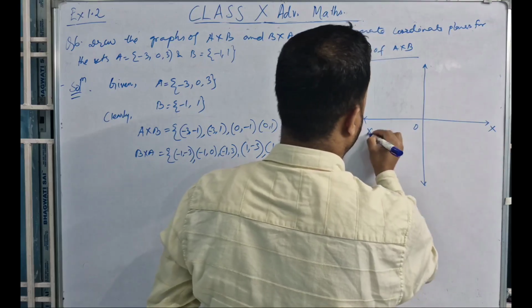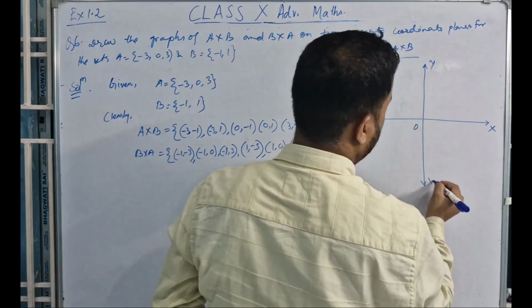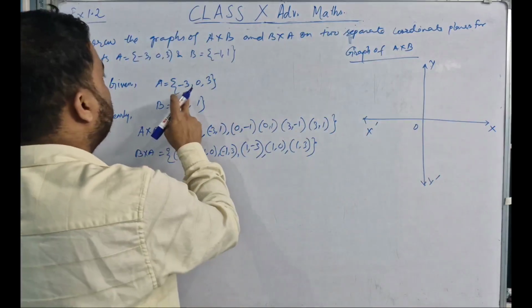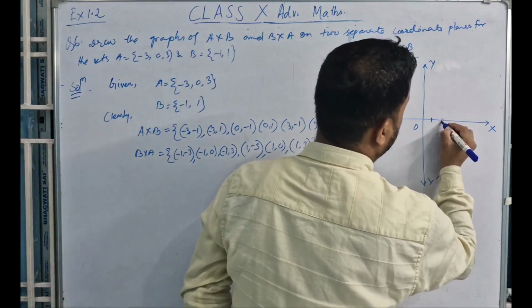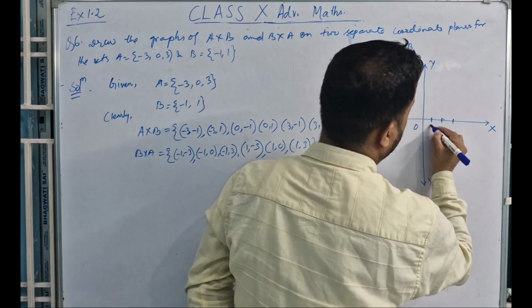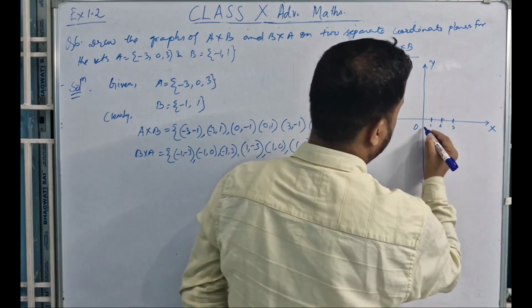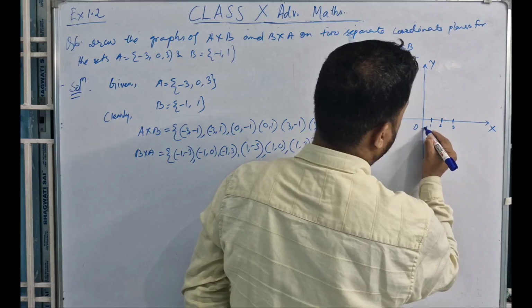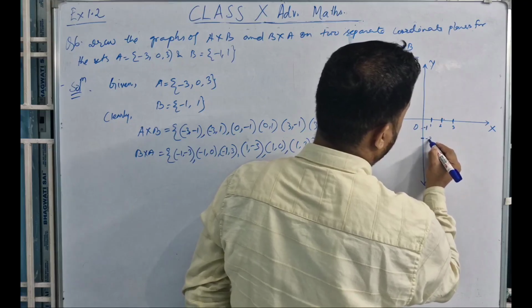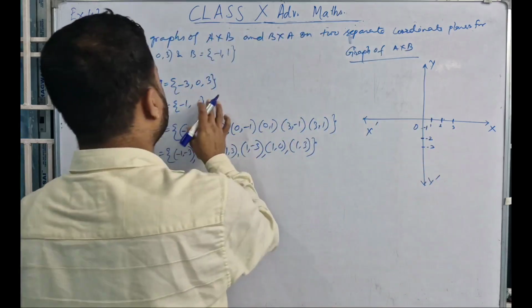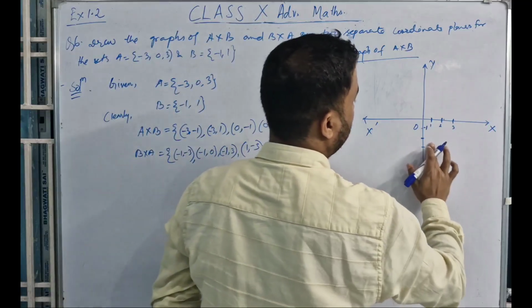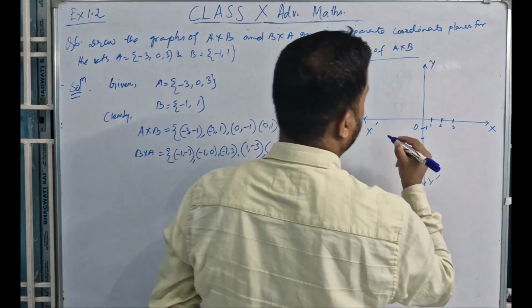X'OX, Y'OY. What is the maximum number? 3. You see 1, 2, 3, 1, 2, 3. Then here it is minus 1, minus 2, minus 3. So minus 1, minus 2 or 3 are not there, so it's not required. This is minus 1, okay.